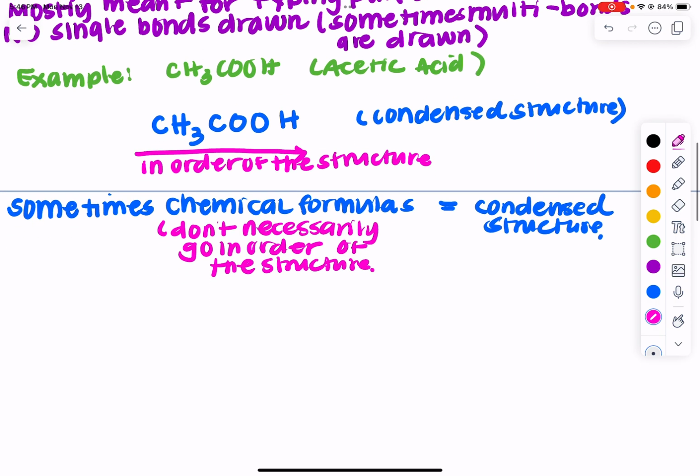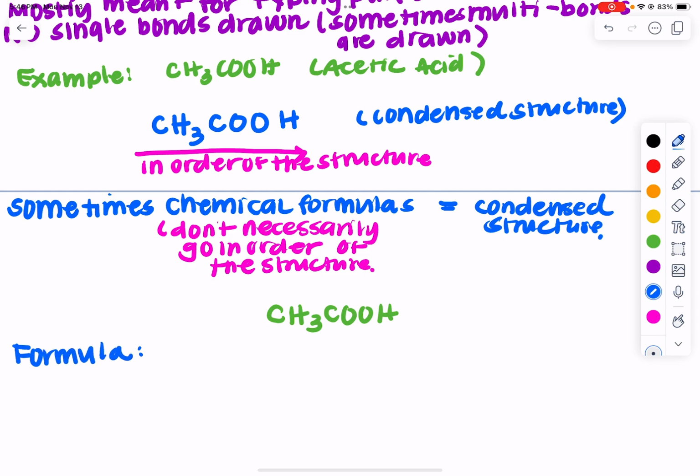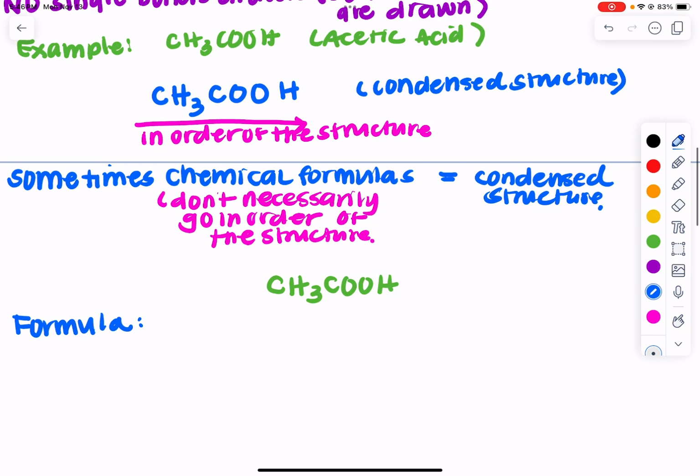For instance, if we had acetic acid, which is CH3COOH, we could write the formula a little differently. All it has to have are 2 carbons, 4 hydrogens, and 2 oxygens.